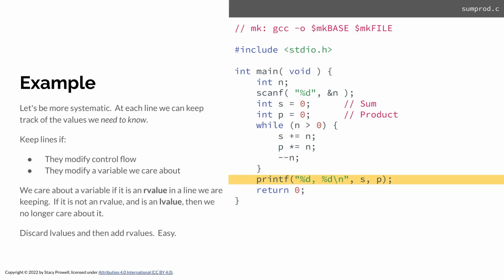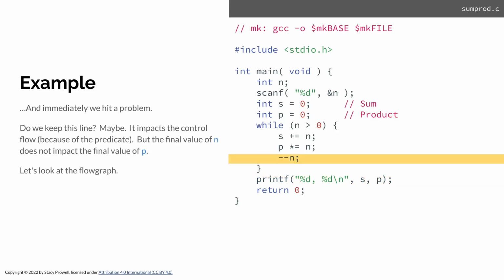So that something else should go in the set. And the thing that's being written should go out of the set. Right? What about the control flow piece? Well, if the control flow change is reading something, we care about that something. And so it should go in the set. All right. The basic idea is throw away L values and then add R values. That's the basic idea. We do that for lines that we keep. Lines that we don't keep, we don't care about because we're not keeping them.